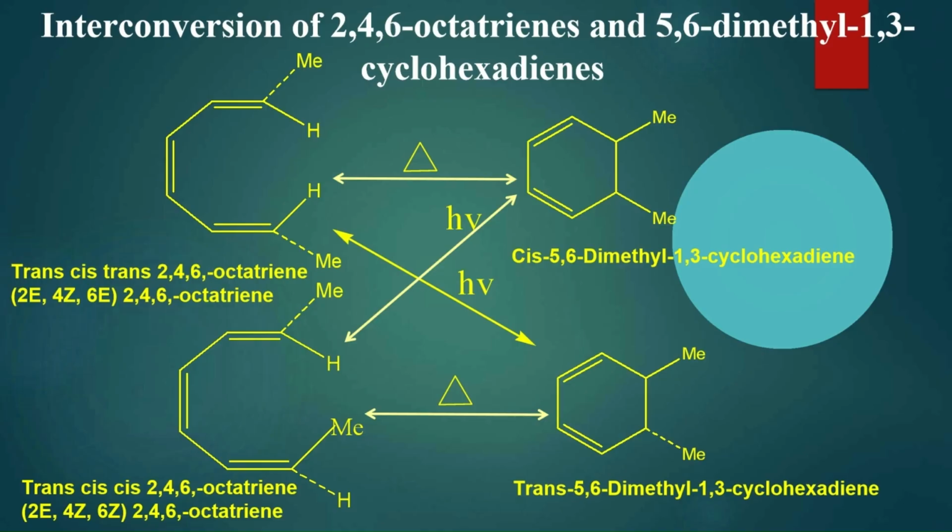When I take trans-cis-cis octatriene and induce it thermally, I'll get trans. And vice versa is true when I induce it photochemically. This is all about the electrocyclic reactions with 4n plus 2 pi electrons.